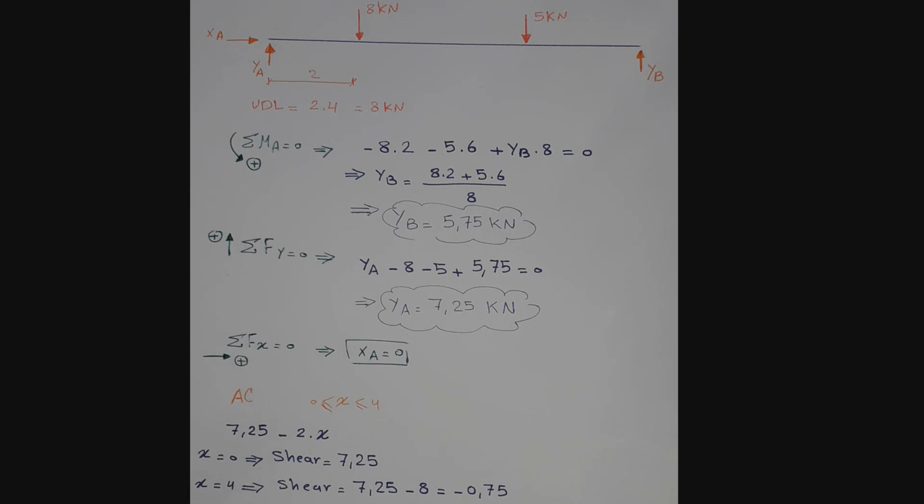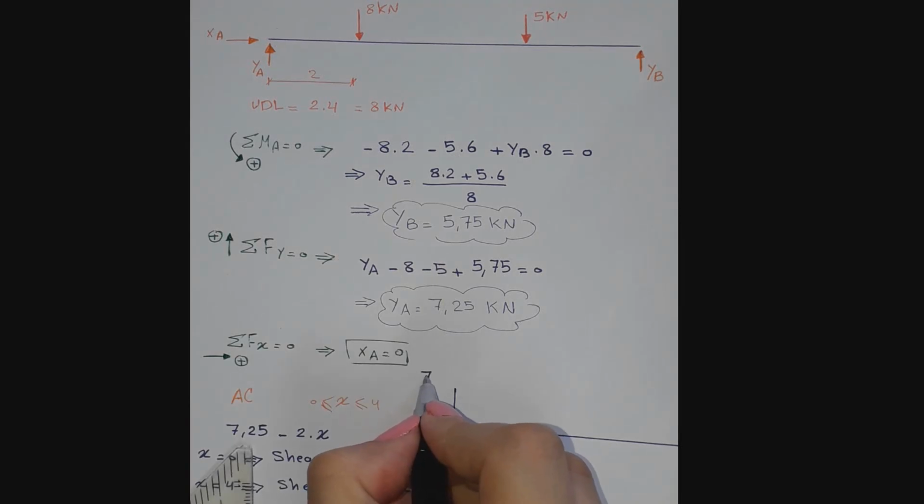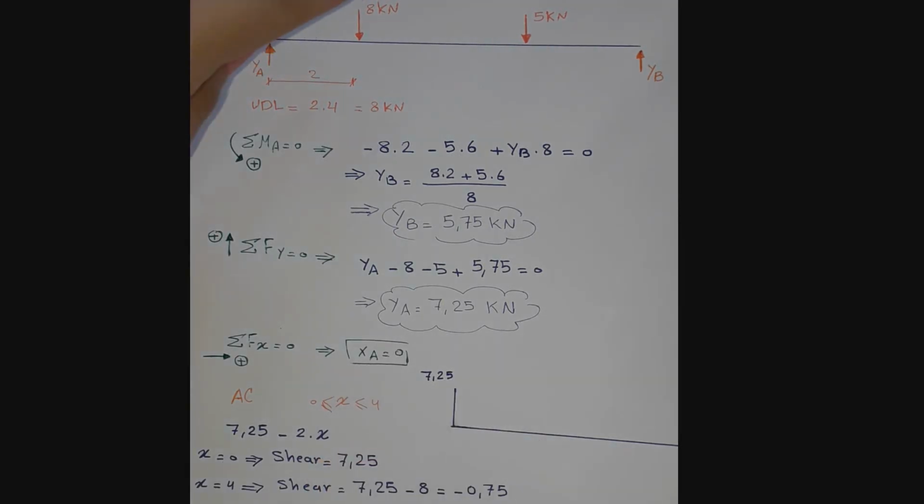I think it's an easy way. The value of the shear force here is the same as the support reaction, 7.25. At point C, when x equals 4, shear is minus 0.75.